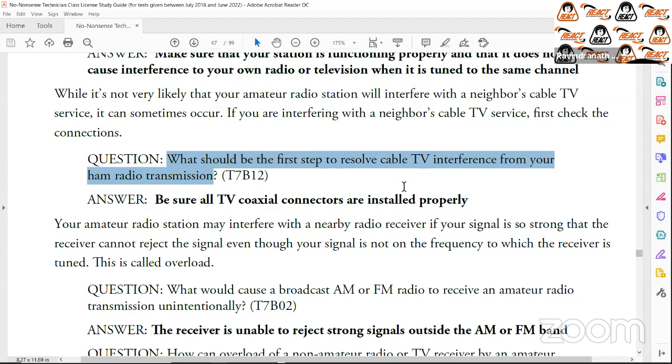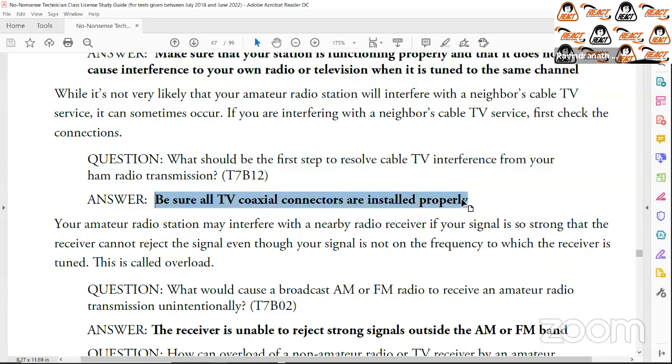Next, what should be the first step to resolve cable TV interference from your ham radio transmission? All right, so it's asking if your amateur radio transmitter is causing interference on your TV or cable TV. What's the first thing you should do? First suspect, be sure that all TV coaxial connectors are properly installed.